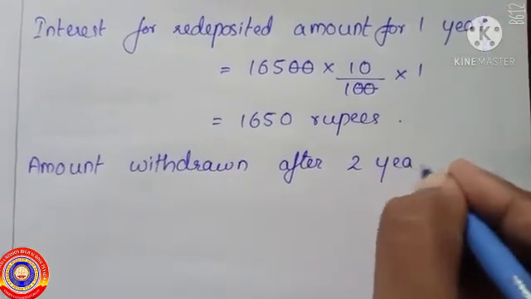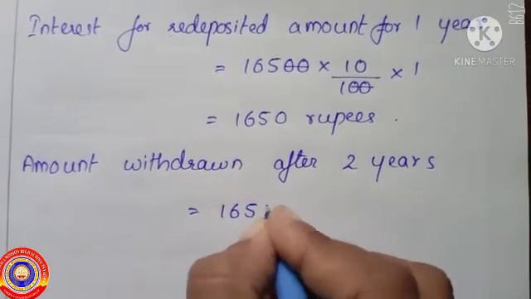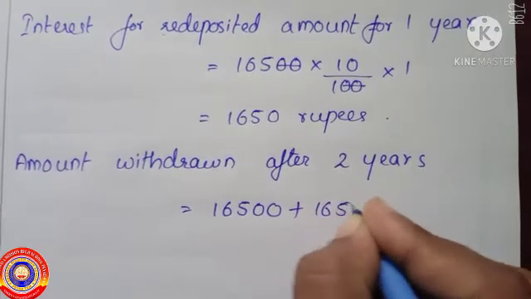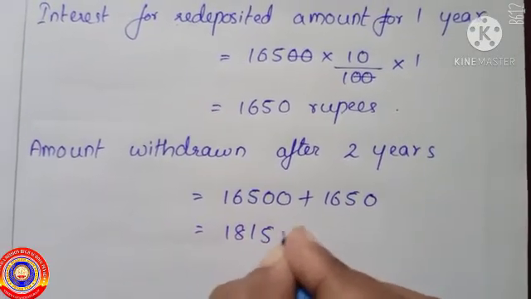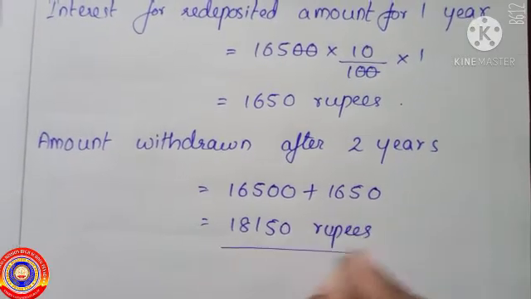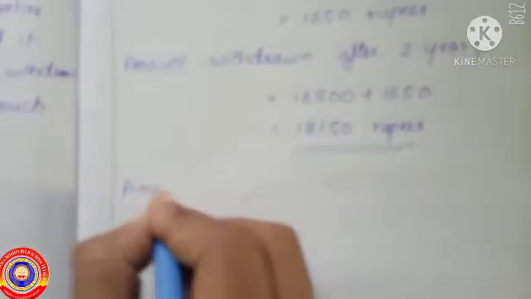Next is amount withdrawn by Anu after 2 years is equal to 16,500 plus 1,650, that is equal to 18,150 rupees. After 2 years, amount withdrawn by Manu is 18,000 rupees and by Anu is 18,150 rupees.